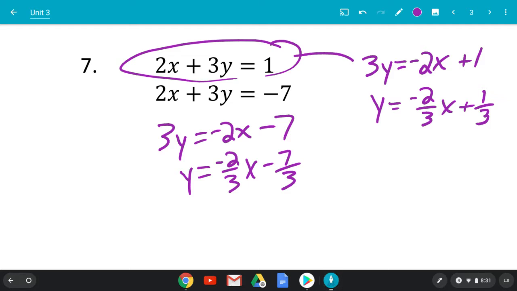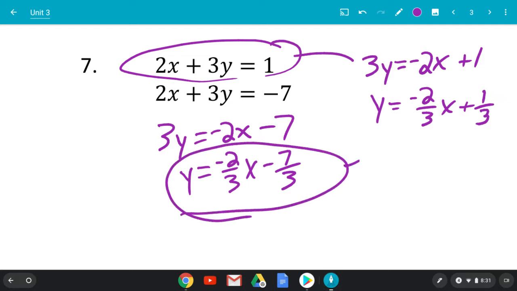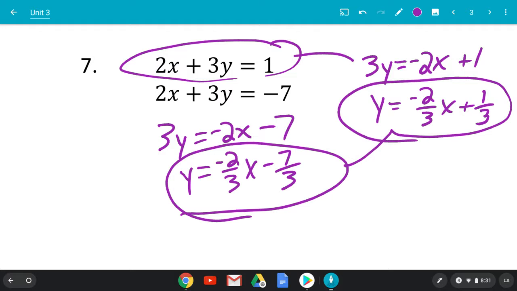So both of these would be very difficult to graph because they have fractions. It can be done. I just have to really expand my graph and get it into thirds, and that would be difficult to do.